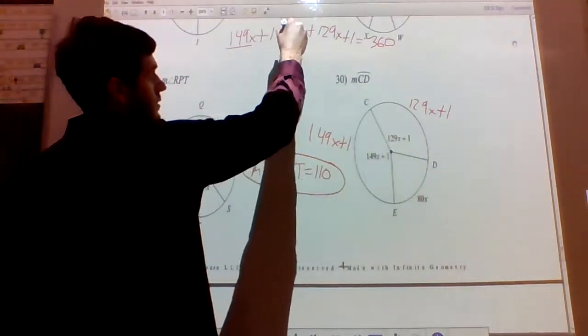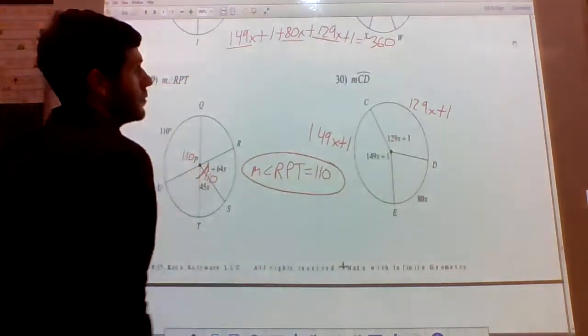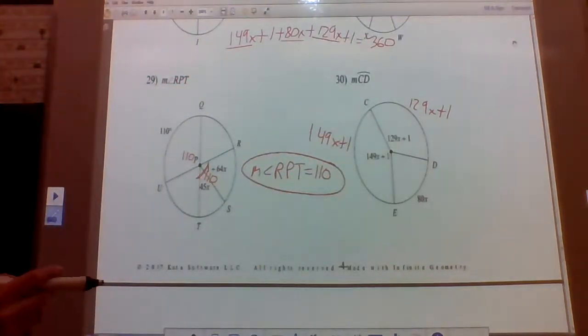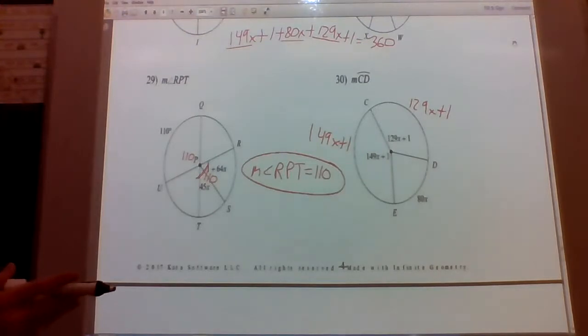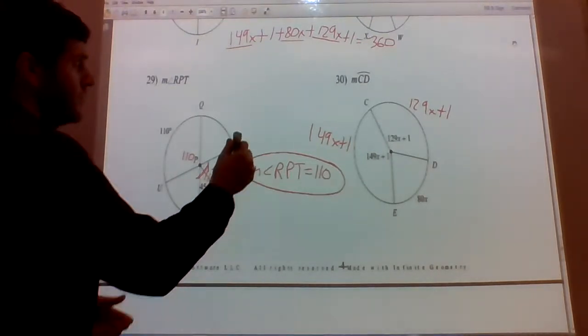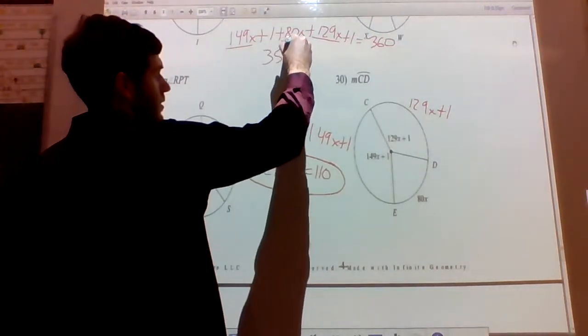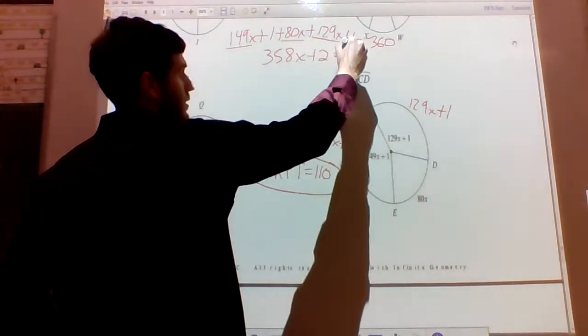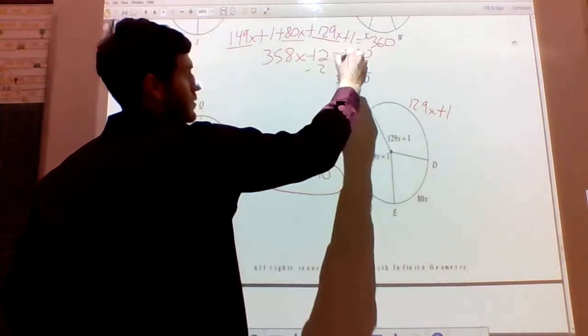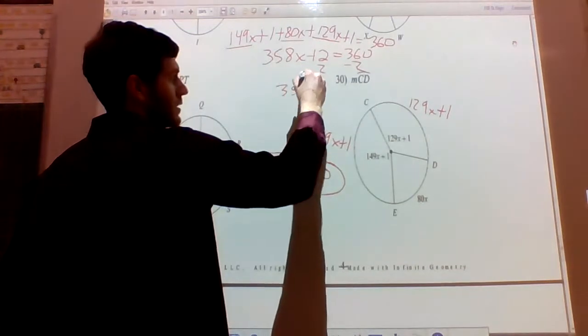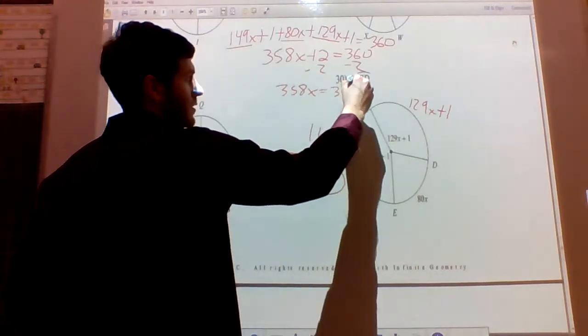So combine like terms. 149 and 80 and 129 is 358x plus 2 equals 360. We subtract 2. We get 358x equals 358.